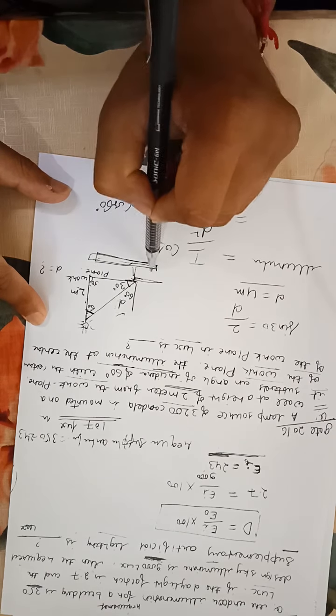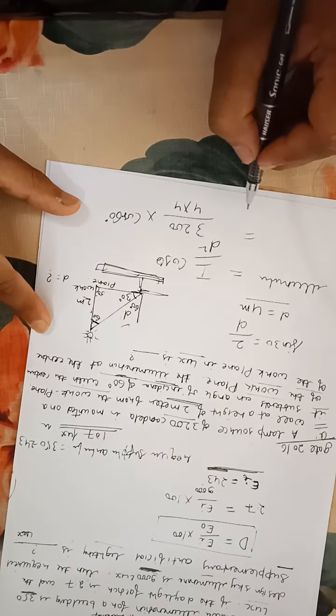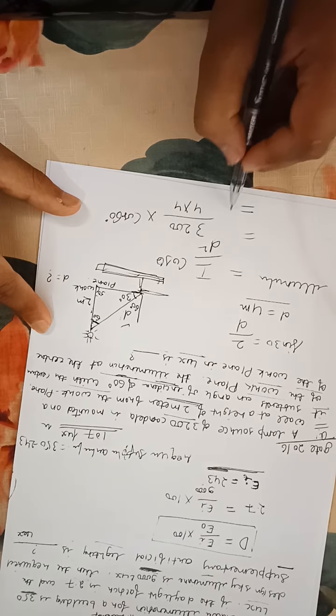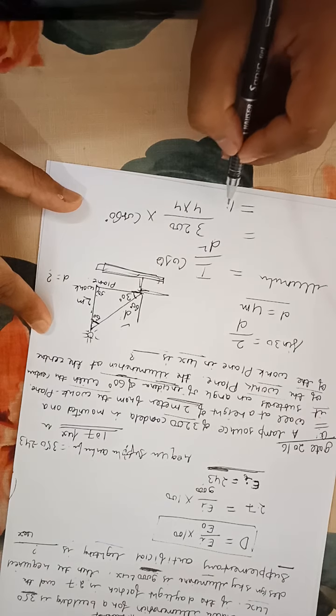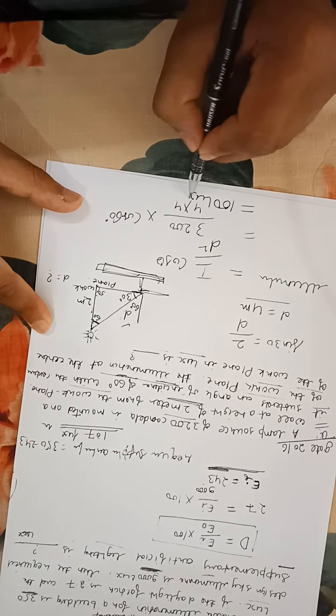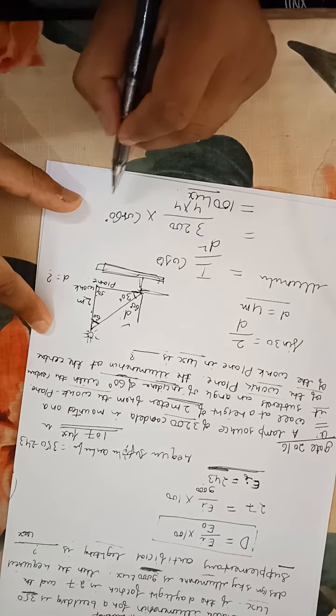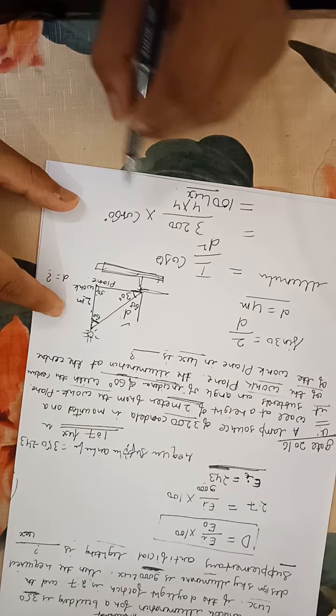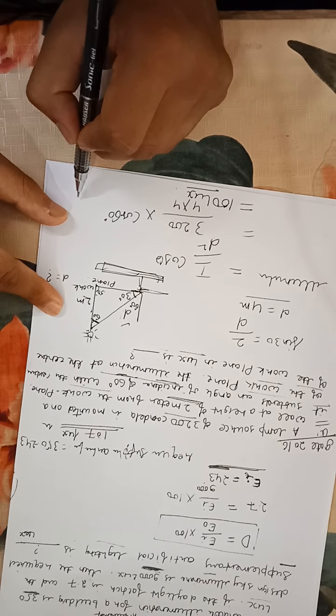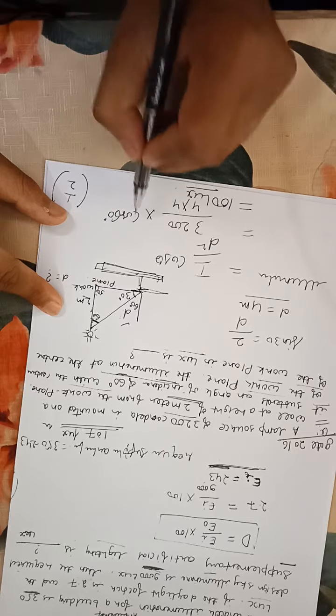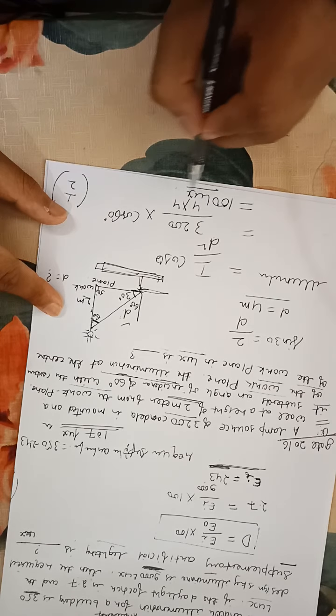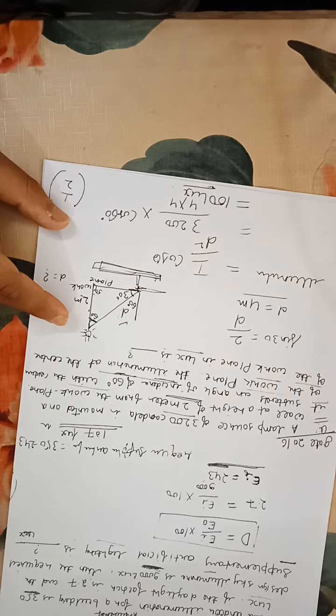This is the work plane at a height. Okay, suppose this is a table. Then we calculate it, and this is 100 lux. You will put the value of cos 60 degree as 1/2, and by solving we get 100 lux.